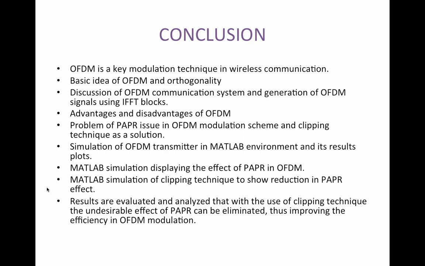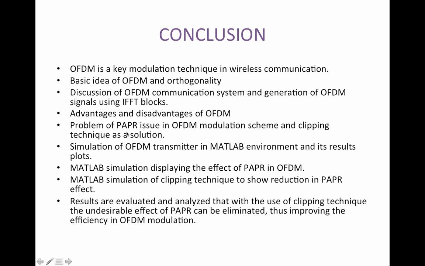So in the conclusion, I basically explained in this video that OFDM is a key modulation technique in wireless communication. I explained the basic idea and orthogonality. Then we discussed the OFDM communication system, how it works, and how the OFDM signals are generated using IFFT blocks. Then I talked about advantages and disadvantages of OFDM.